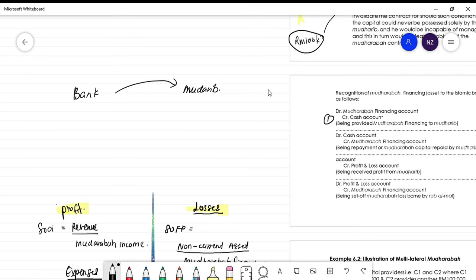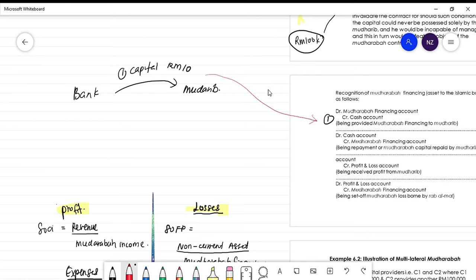So the bank provides capital to the mudarib. Let's say the capital is RM10, just a simple example. So the amount of capital provided to the mudarib will be recorded in the first journal entry here. This is the first flow that we need to record in the journal.